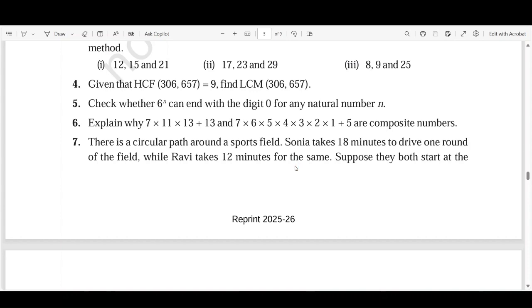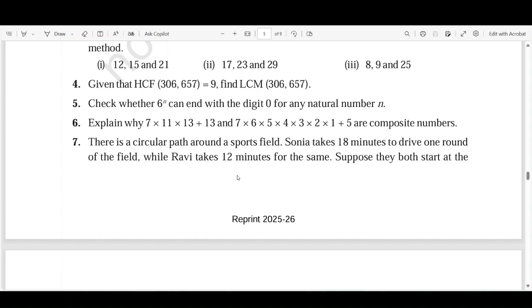So the path they have given is in circular shape, and there are two persons, Sonia and Ravi. Sonia takes 18 minutes to complete one round and Ravi takes 12 minutes to complete one round. Both are moving in the same direction and they are also covering the same distance.